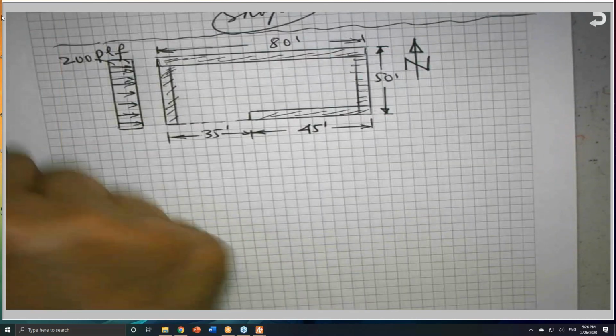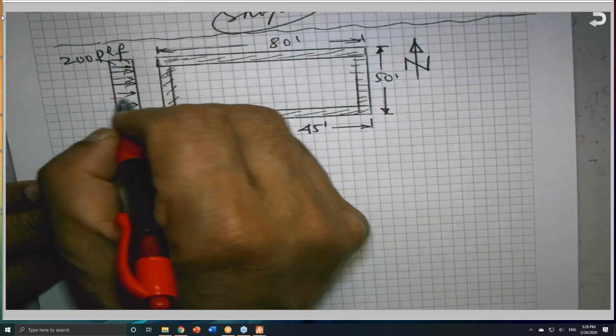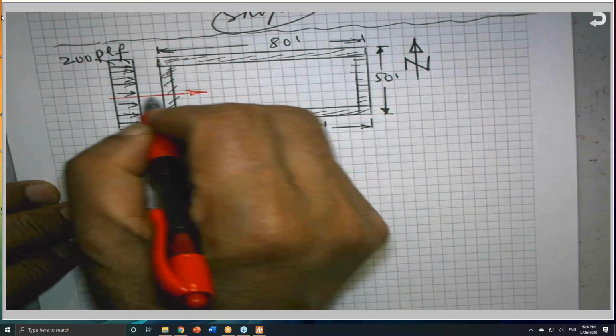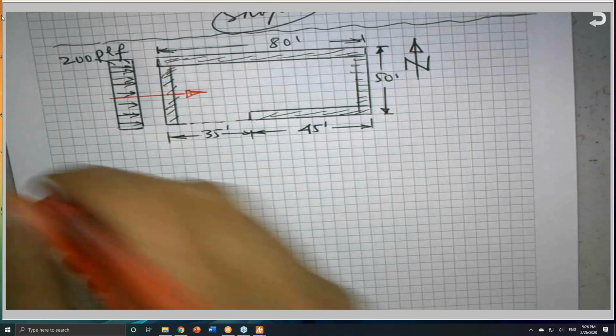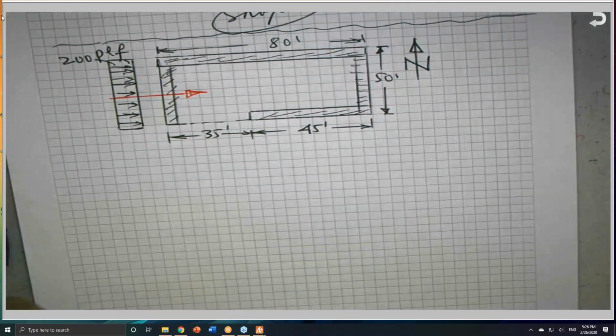So I said that we do have a total force, assuming this is a flexible diaphragm. And again, this is a flexible diaphragm. I should mention that.